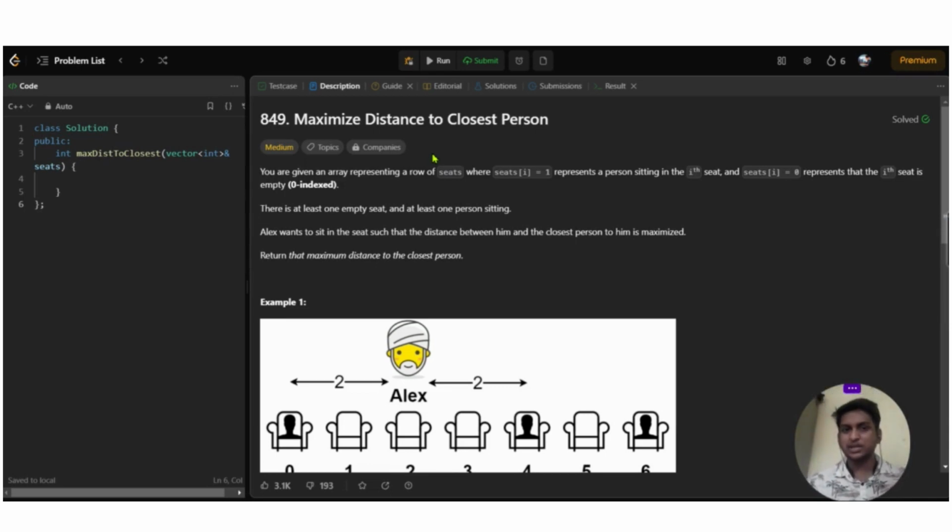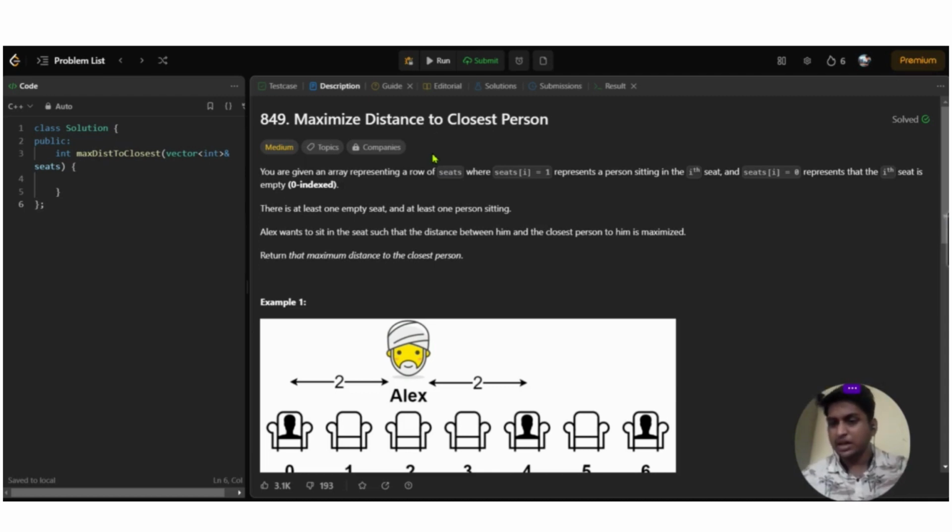You are given an array representing a row of seats where seats[i] equals 1 represents a person sitting on the ith seat, and seats[i] equals 0 represents that the ith seat is empty. So basically you are given an array and each index represents a seat, and if the value at that index is 1, it means someone is sitting on that seat.